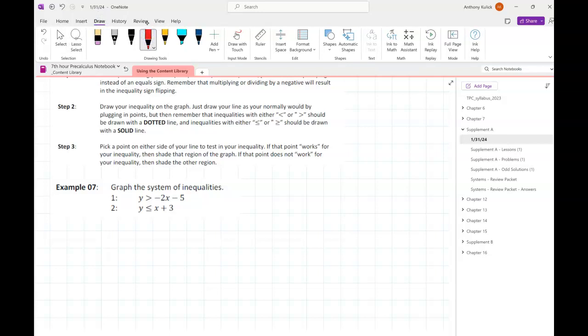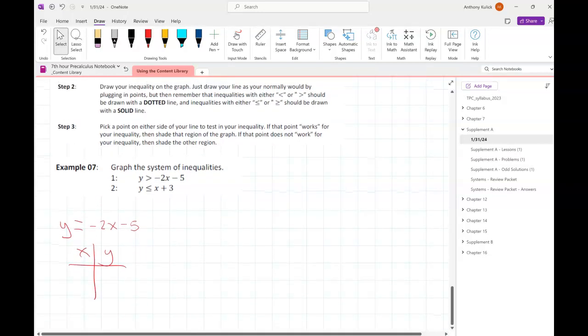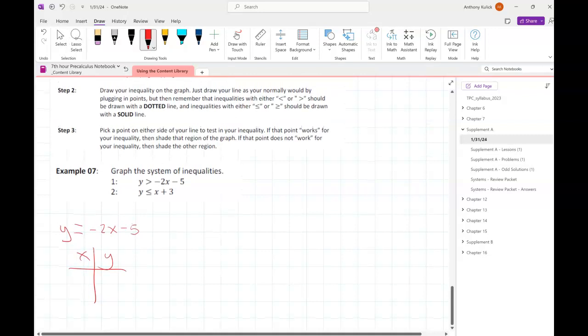All right, first step would be to get these into slope-intercept form. What do you notice? They're already in slope-intercept form, right? The y's are by themselves. Oh, goody. So I'm just going to pretend that this is an equation, and I'm going to find 2 points on that line. What values of x do you want to pick? How about 0 first?